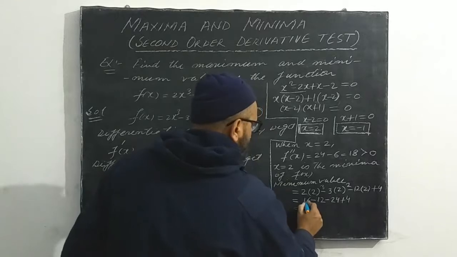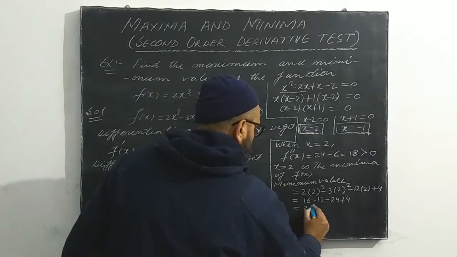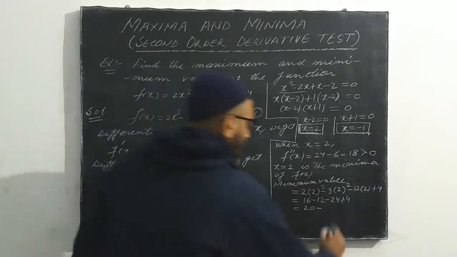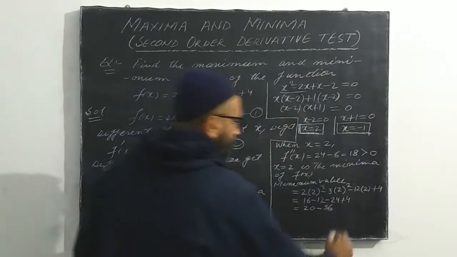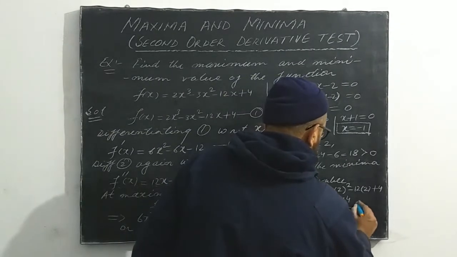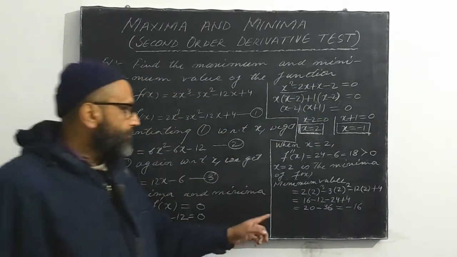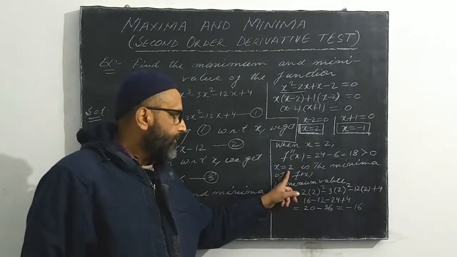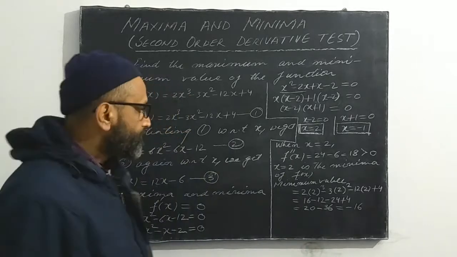So 16 and 4 are positive, should be added, positive 20, and minus 12 and minus 24 both are negative, should be added. So we get 36. So 20 minus 36 is equal to minus 16. So minus 16 is the minimum value of the function which it attains at x is equal to 2. So x is equal to 2 is the minimum of the function and minus 16 is the minimum value.